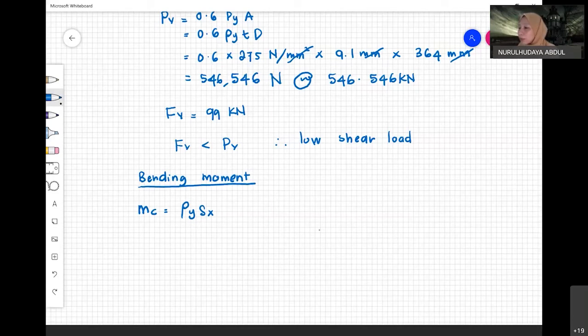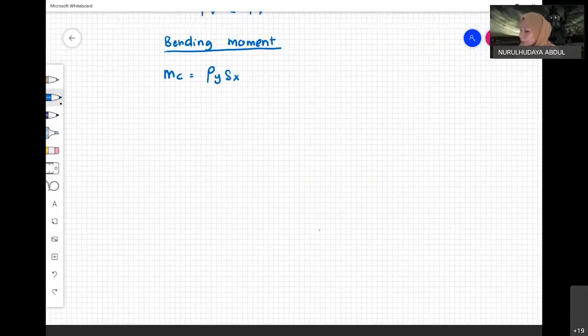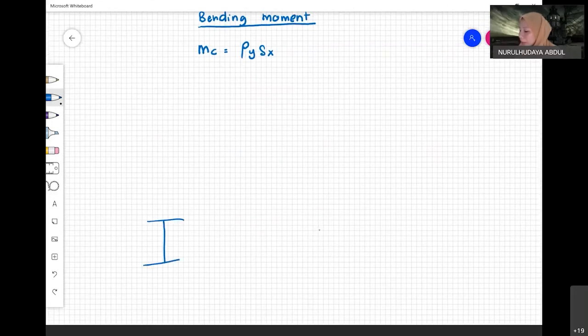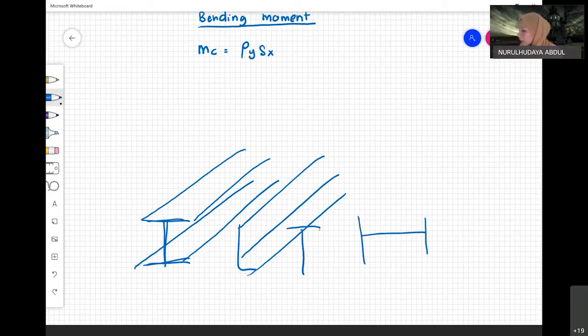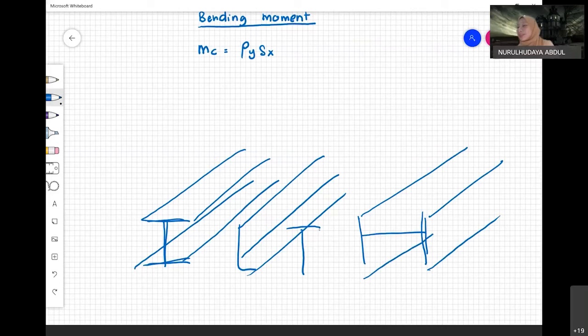Okay, bila horizontal member, beam, okay, why? Sebab beam memang, kalau I beam ke, L beam ke, T beam ke, semua you akan letak dia macam ni. Maksudnya dia akan tegak macam ni lah. Tegak. Kita tak ada letak dia sengit. Kalau dia sengit macam ni, dia terbaring, dia tak tegak macam ni.